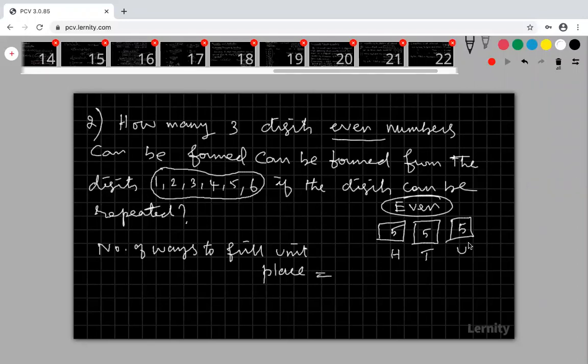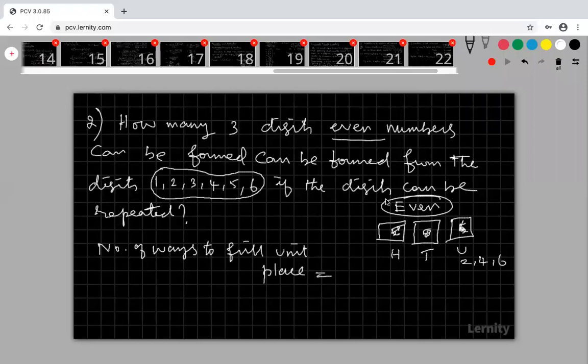Even numbers means, please look at that, my unit place must be an even number. What are the even numbers there? 2, 4, 6. I can fill my unit place as 2 or 4 or 6. Are you okay? Do you understand this?